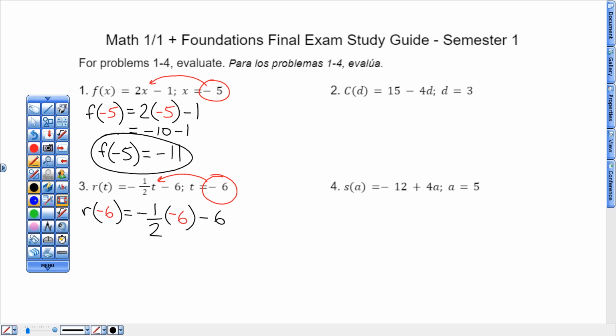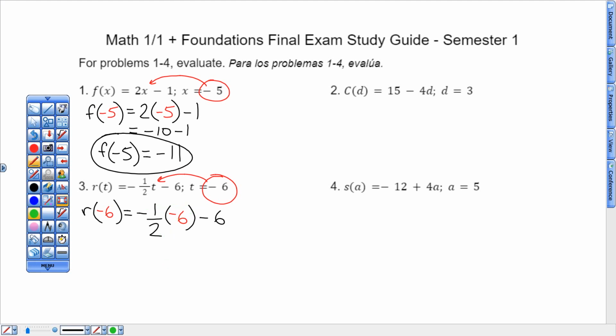And for this, you could do it a couple ways. You could take half of 6 and then times in 2 negatives and get +3. You could do it that way. You could take that -6 over 1 and times straight across and get -6 over -2 to get 3 that way. You could cross cancel. You could divide this by 2 and divide this by 2 and times those across and get +3.